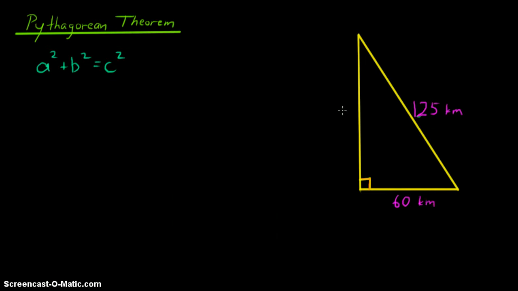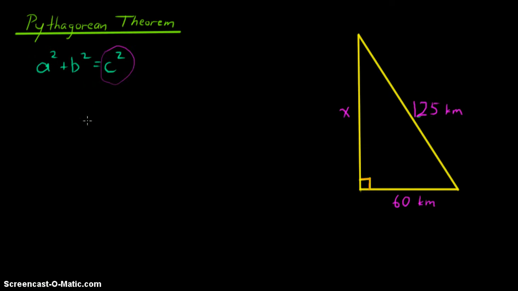How long is this side? And we'll call this side X. Now, the important thing to remember here in terms of A, B, C, and X and all these letters is that it doesn't really matter what you name them as long as you remember that the side that's on its own in the equation is the longest side.